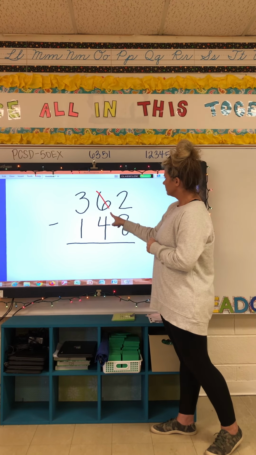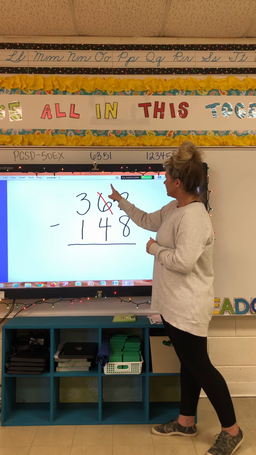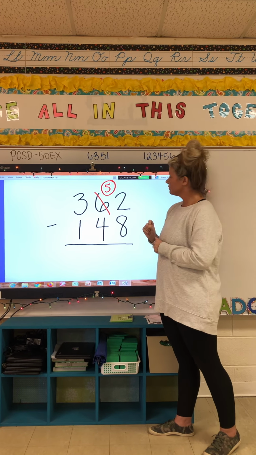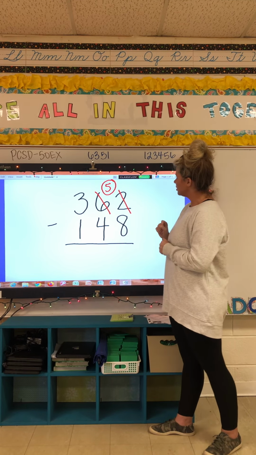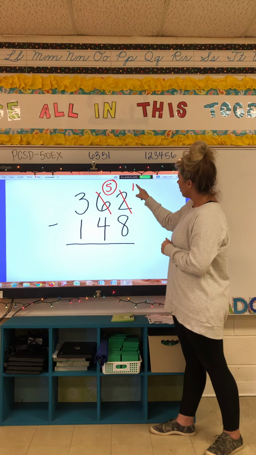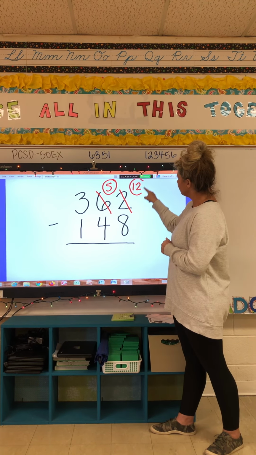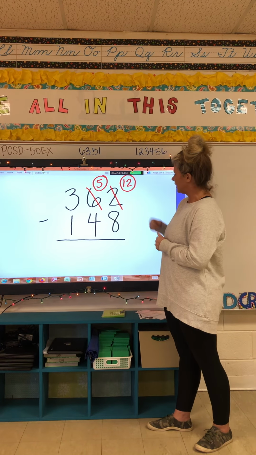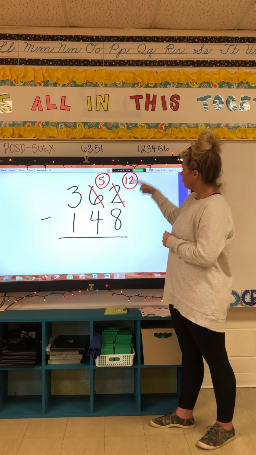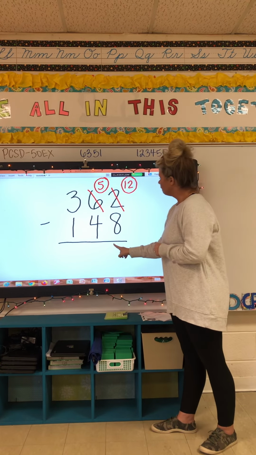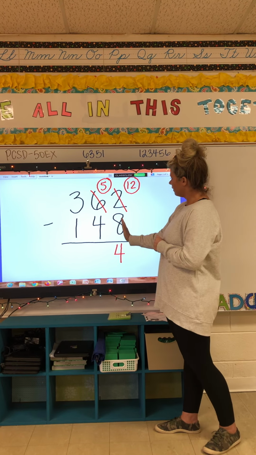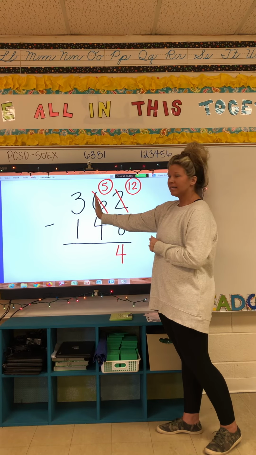You're going to take 6, mark it out. 6 becomes a 5, and I always circle. Then I'm going to take my 2, and that 1 that I borrowed, I'm going to stick it in front of my 2. So now I have 12 minus 8. 12 minus 8 is 4. We're finished with our ones column. Now let's move on to our tens column.